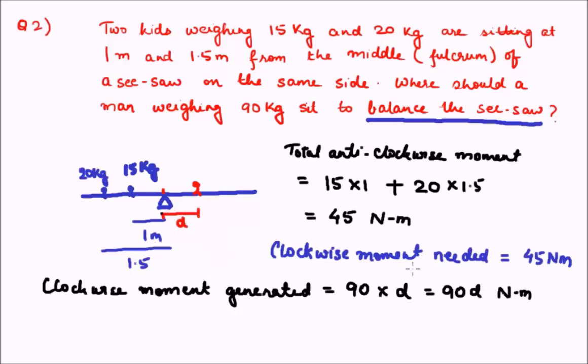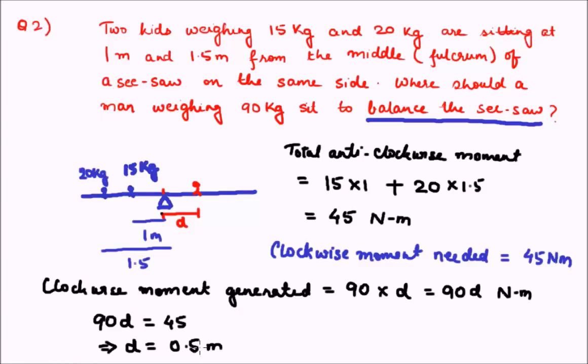Now we know how much clockwise moment is necessary for balance. We have the amount of clockwise moment generated in terms of d. Therefore, for the balance to occur, 90d will be equal to 45, and that turns out as d is equal to 0.5 meter.